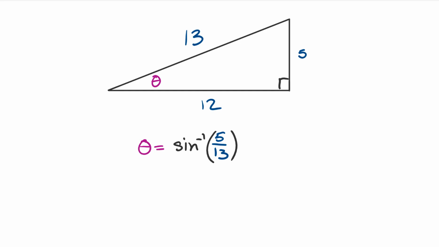That's chill. Now I ask you, can you get me cosine of theta just from this triangle? Isn't that the adjacent over the hypotenuse, so we're going to get 12 over 13? We'll get that 12 over 13. Cool.